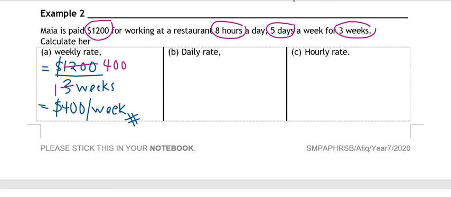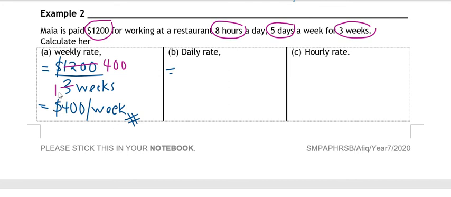Now let's have a look at part B, daily rate. So daily rate here means per day. So here you have to find out what the statement is for the days. So she worked for 5 days a week, and we know that for a week she is paid 400.